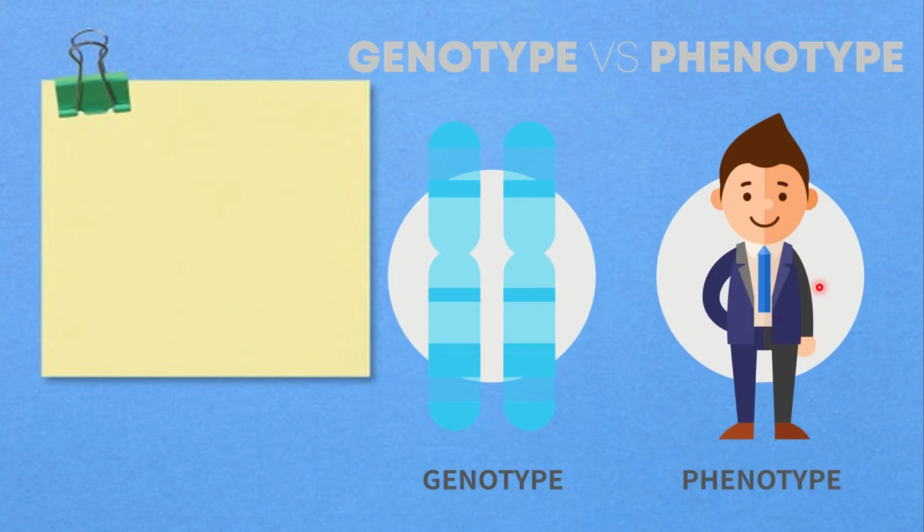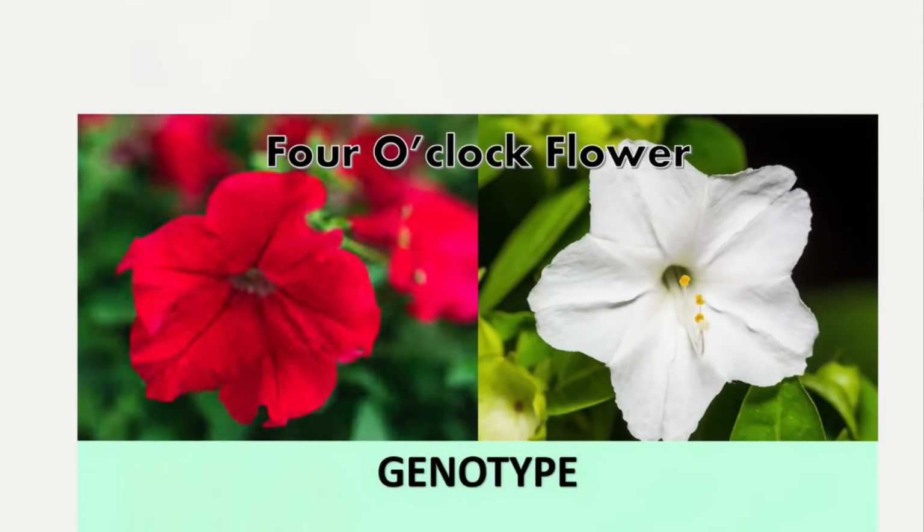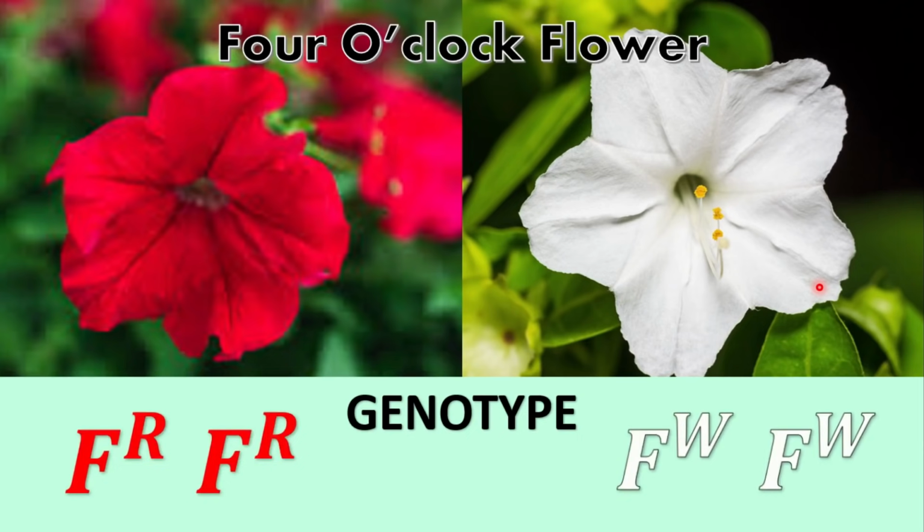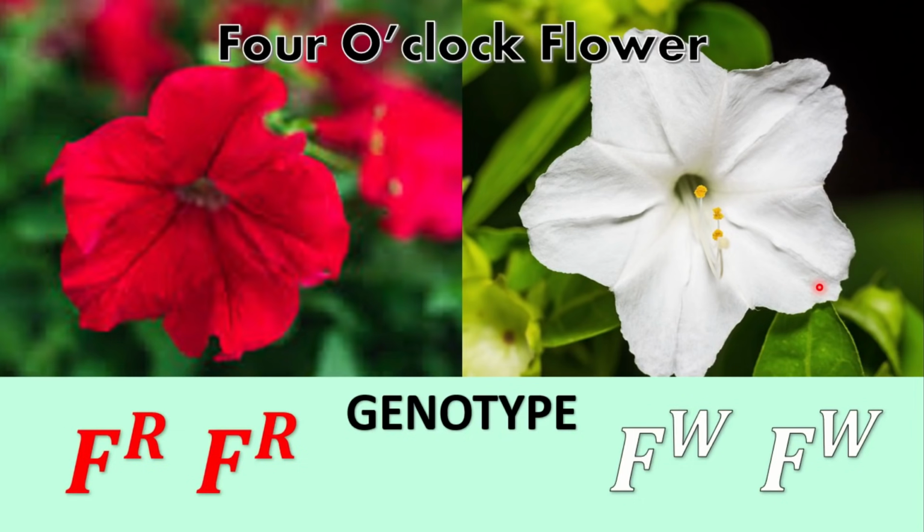Let's have an example of genotype and phenotype. For a flower, I have here two flowers as you can see. What is the genotype of the first flower? The genotype is FR, the combination of two alleles. How about the other one? That is FW.